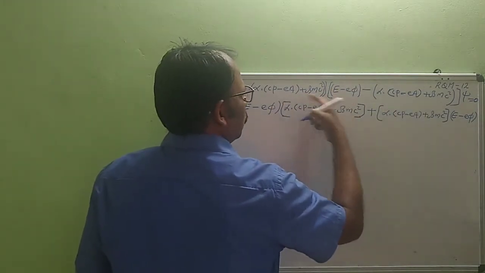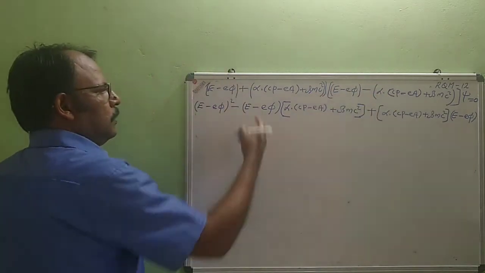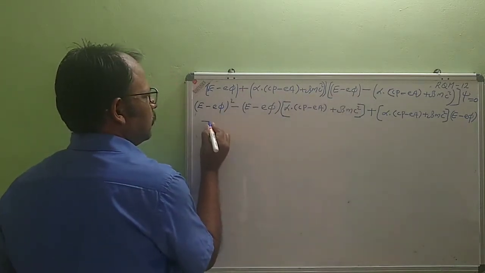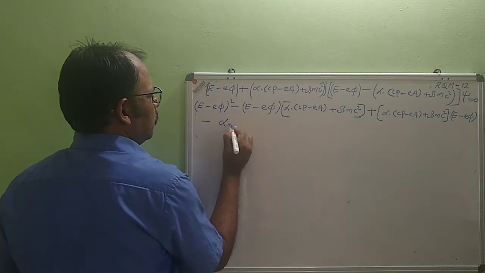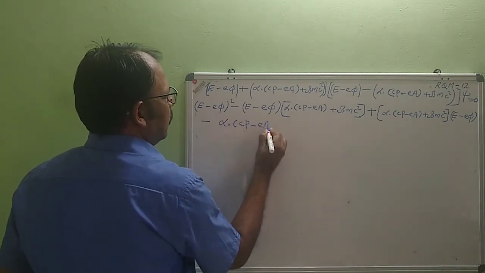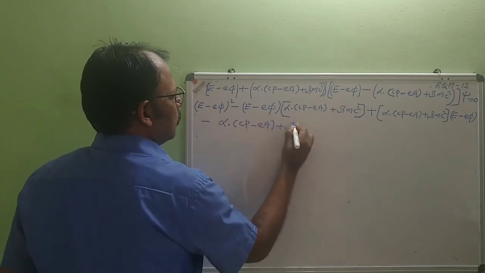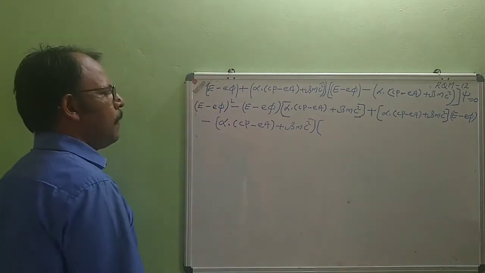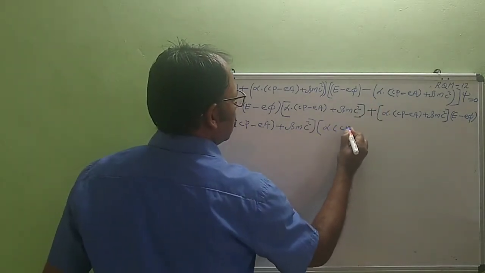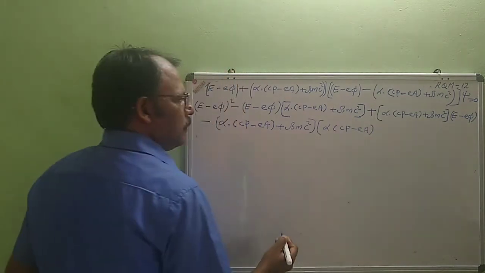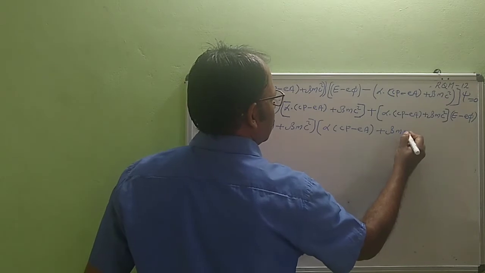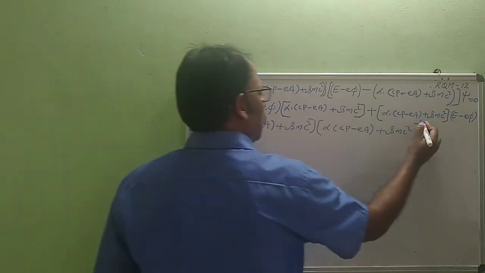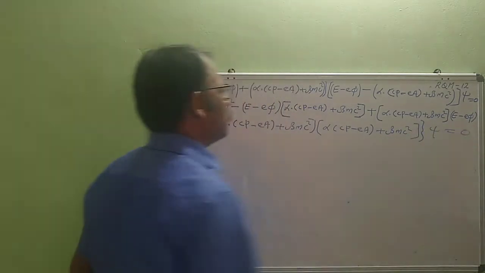Now this term into the second term, the product of alpha dot (cP minus eA) plus beta m c square with itself, plus and minus makes it minus alpha dot (cP minus eA) plus beta m c square into alpha dot (cP minus eA) plus beta m c square, the whole thing operating on the wave function psi equal to 0.